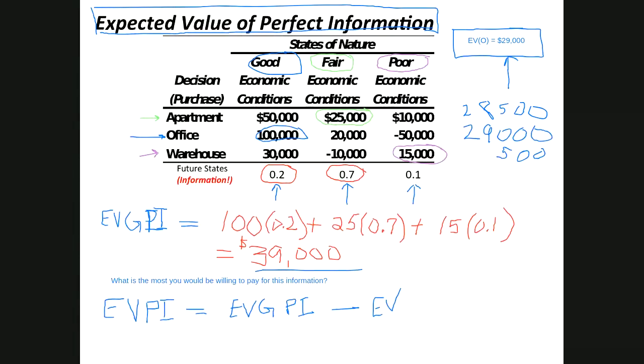In this case, it's 39,000 minus our 29,000, which is, of course, 10,000. $10,000 is the most we would be willing to pay for perfect information.